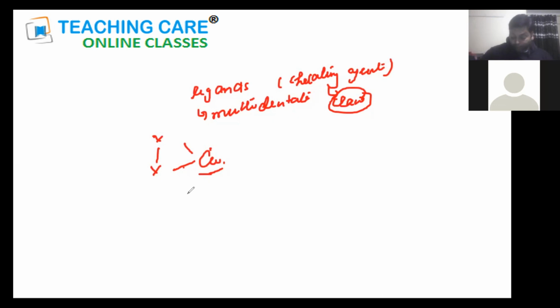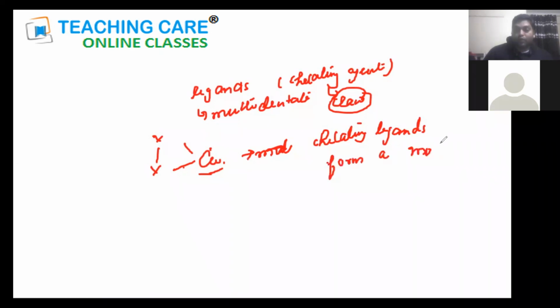Yes, sir. Got it. So what are the main properties of chelating? When they surround the central atom, they form a more stable compound. Multidentate ligands, or chelating ligands, form a more stable compound than non-chelating ligands.